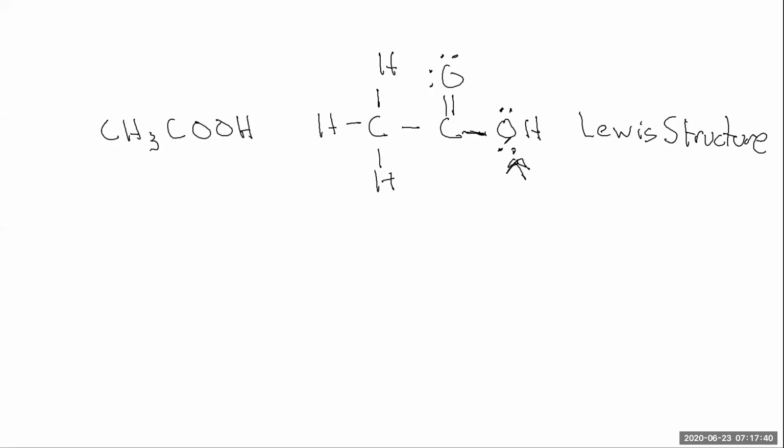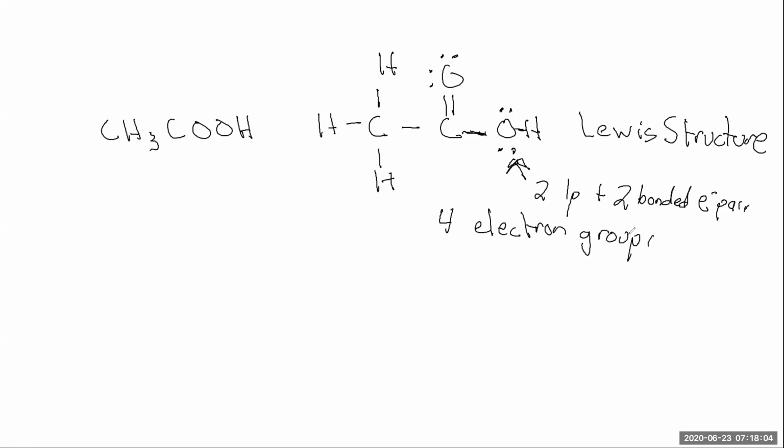How about the oxygen? Well, there are 2 lone pairs plus 2 bonded electron pairs. So there's a total of 4 electron groups. If there's a total of 4 electron groups, then the electron geometry is tetrahedral.